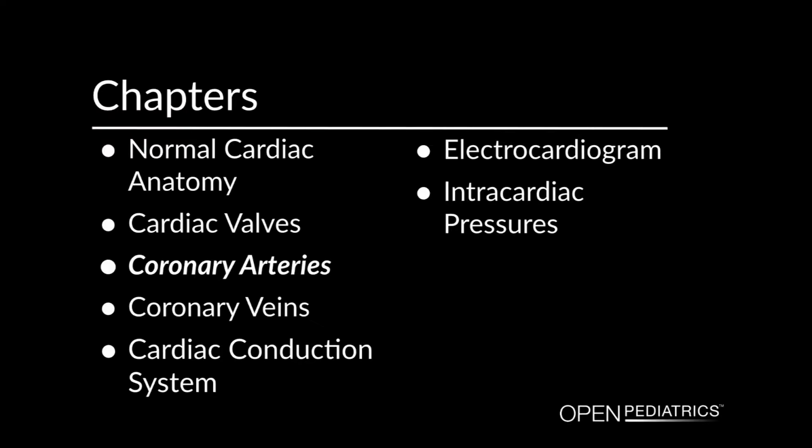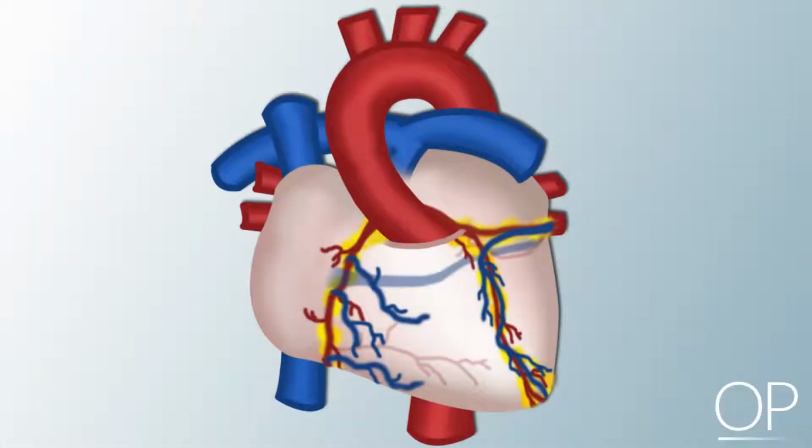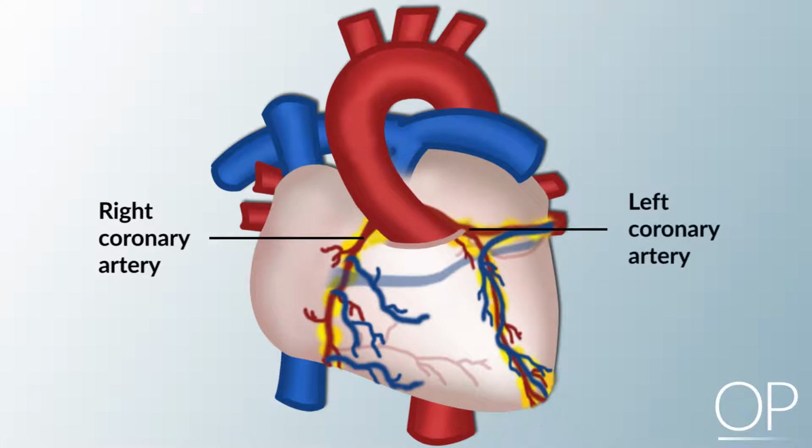Coronary arteries. The branch of the circulation that supplies oxygen and other nutrients to the cells of the heart is called the coronary circulation. The major coronary arteries are the right coronary artery and the left coronary artery.